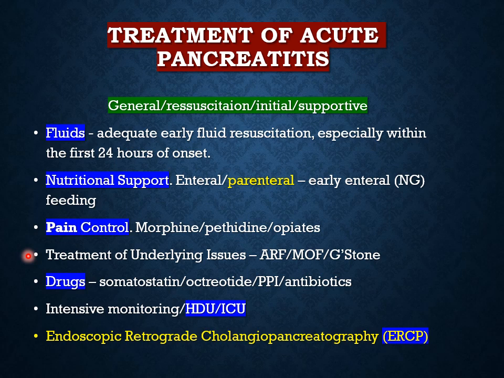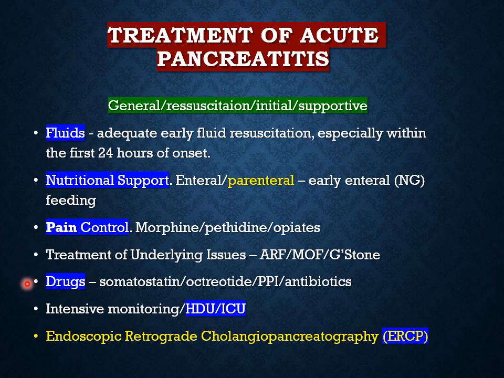Treatment of underlying issues should be given due consideration, especially acute renal failure, multi-organ failure, and the removal of the stone, which is a causative agent for the acute pancreatitis.